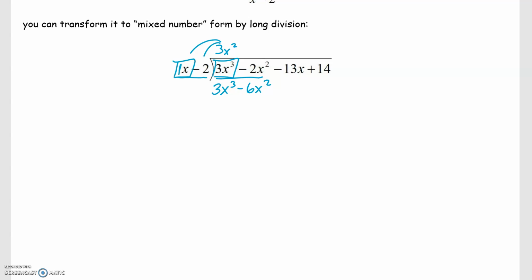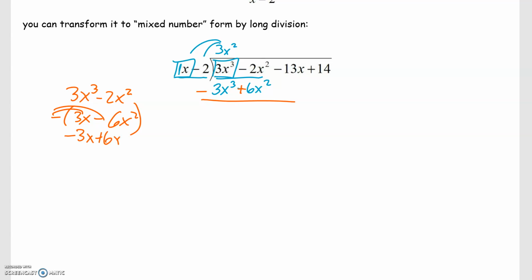Last year my kids started saying draw a line, change the sign. If that works for you, go for it, but what you're really doing is subtracting this polynomial. So kind of like 3x cubed minus 2x squared minus 3x minus 6x squared. I just rewrote what was over here. When you distribute that negative, the signs change. And that's going to happen every single time we do this.